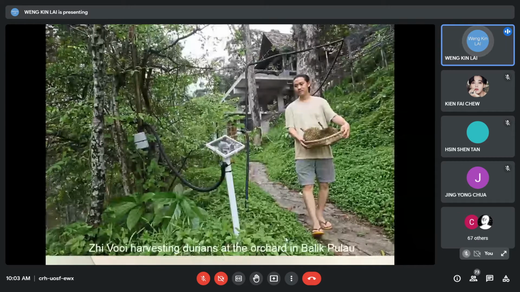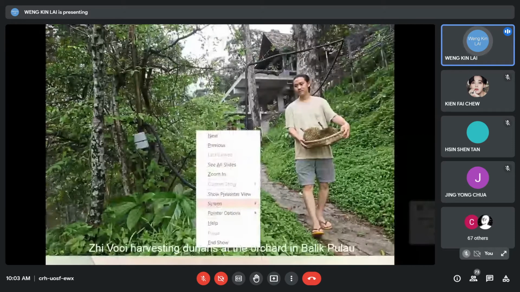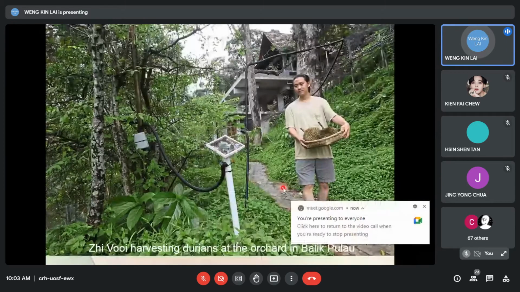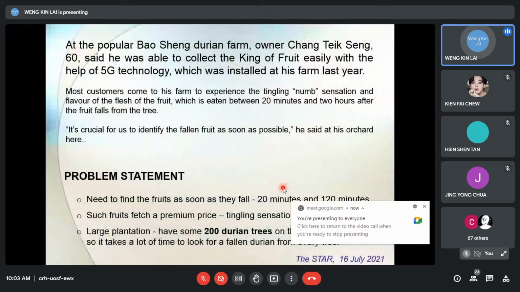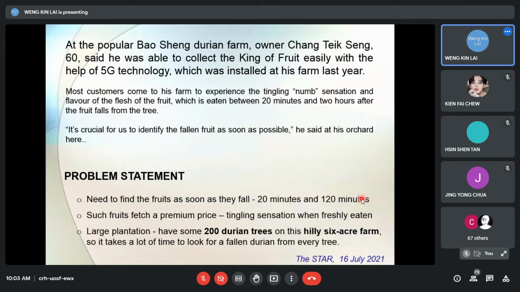You can see this is the durian farmer. Just to share with you. Now you look at the problem statement. I think this can also be a very good example case study for entrepreneurship.